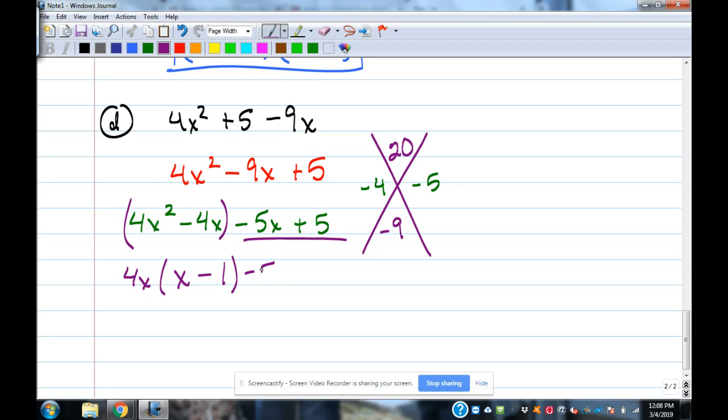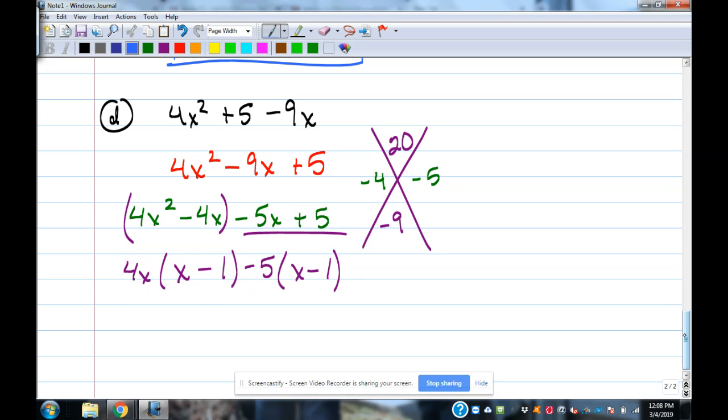So I'm going to use a negative 5, and that'll leave me x minus 1 in parentheses. And the final answer. X minus 1, 4x minus 5.